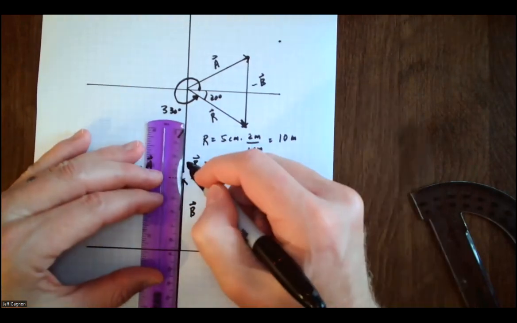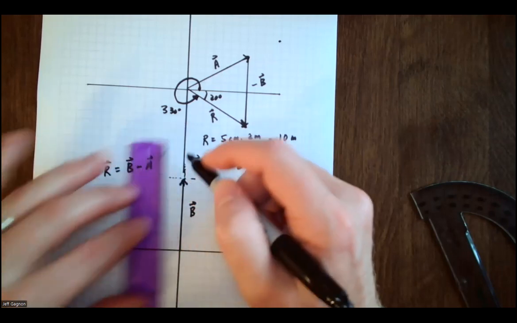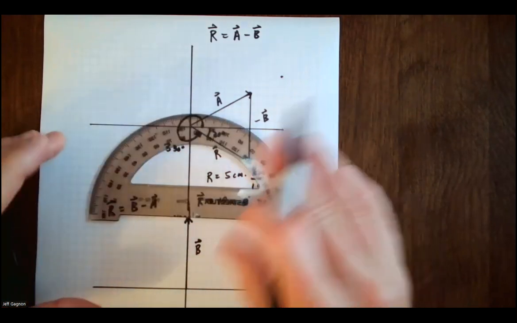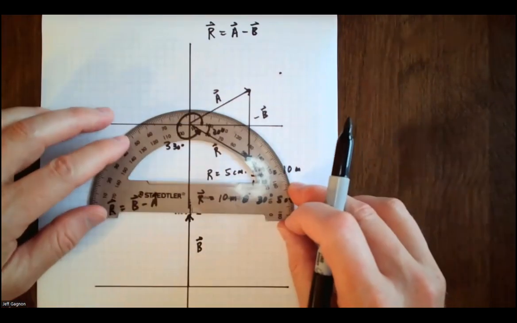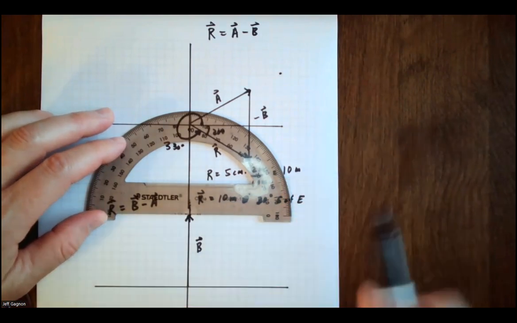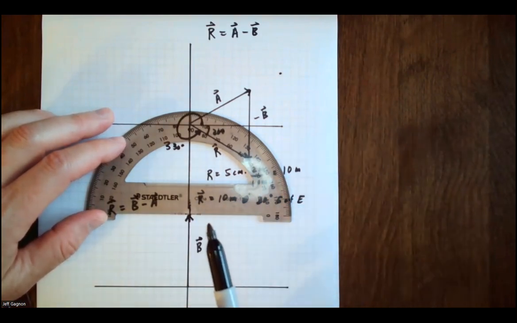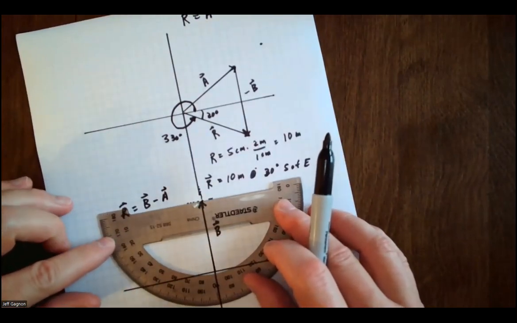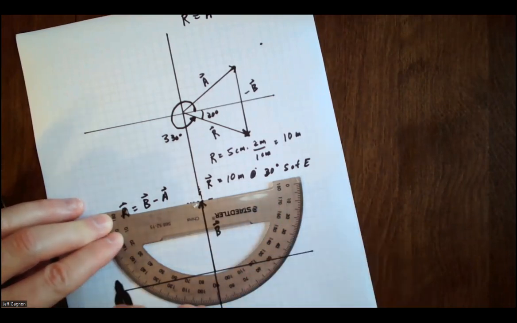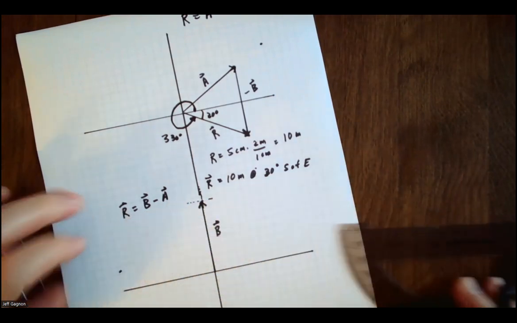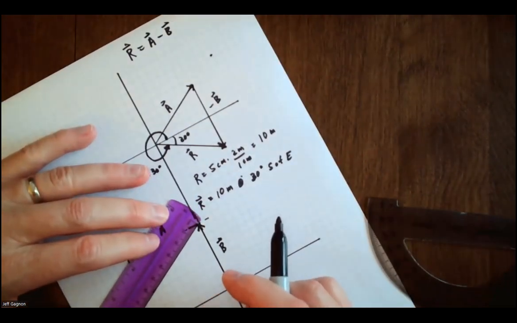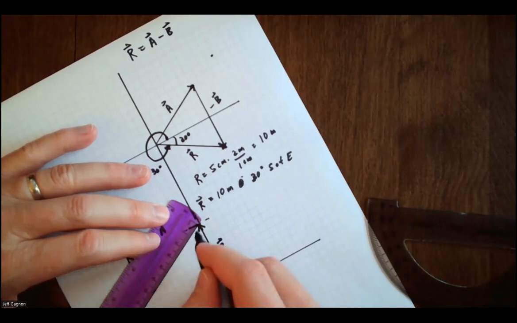Just dash it in a little bit, kind of running into the other graph. So if A was 30 degrees above the positive x-axis, right? So in this direction, that means negative A is going to be 30 degrees below the negative x-axis, right? It'll be like in this direction. So something in that direction. And again, its length is going to be 5 centimeters. Or something like this.